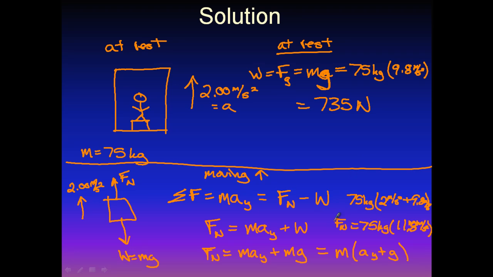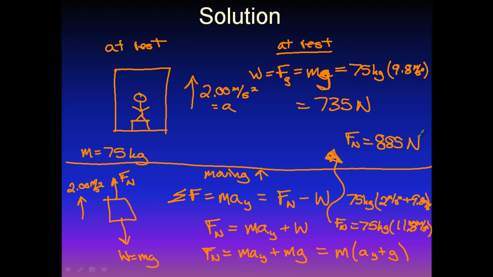So our normal force, 75 times 11.8, you get a normal force of 885 newtons.